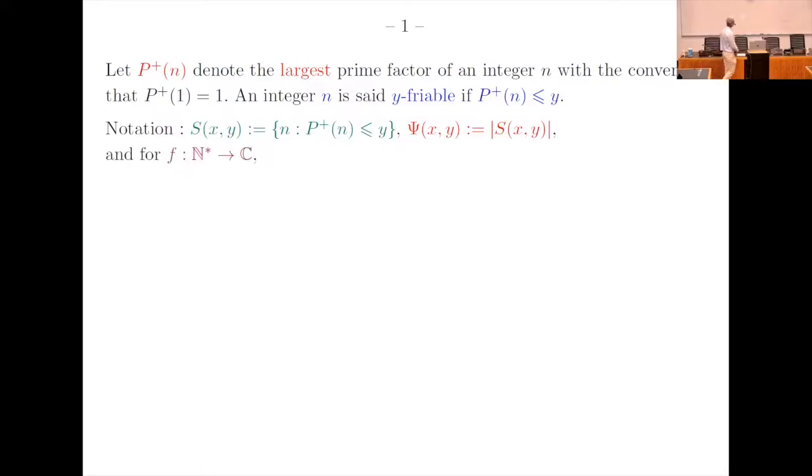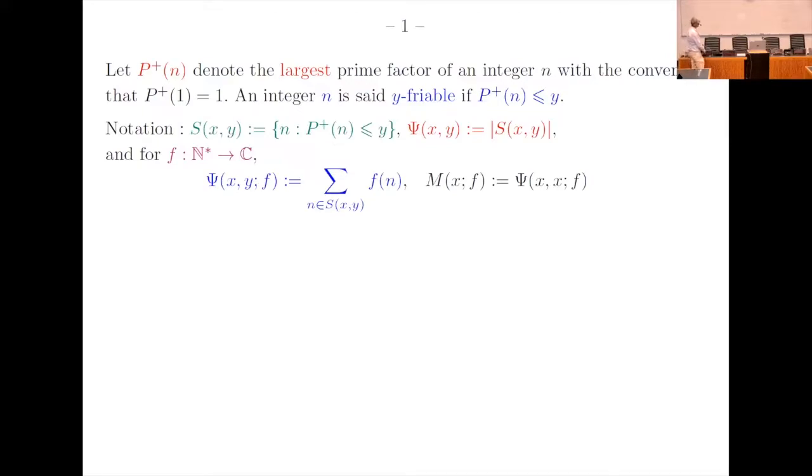Now I will take an arithmetical function f, and I want to study the sum over y-friable integers of f of n. So psi of x,y,f will be the sum of f of n over y-friable n.